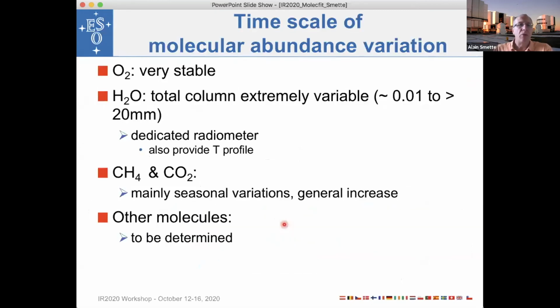We need to do the same kind of studies for other molecules. Here, maybe ozone might be the most variable one, but this is just ongoing.